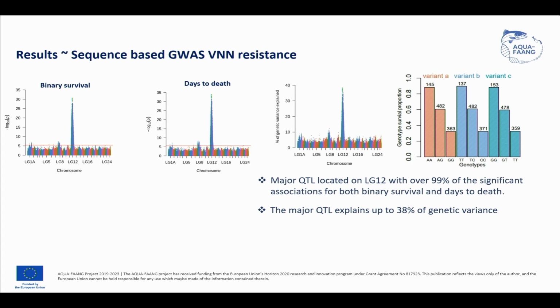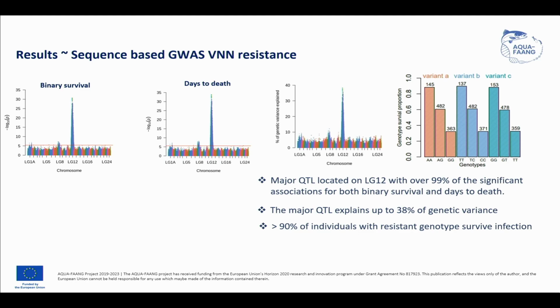And when you look at the population clustering in terms of resistance, you see that there is a significant difference between the individuals that have the resistant genotype of the QTL compared to those that have the susceptible genotype.